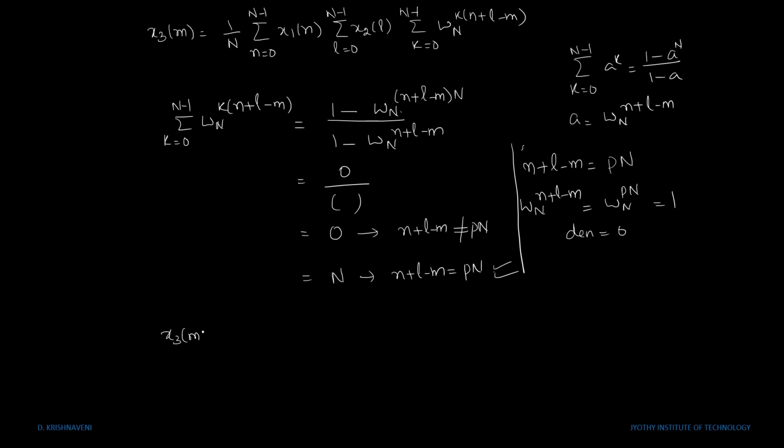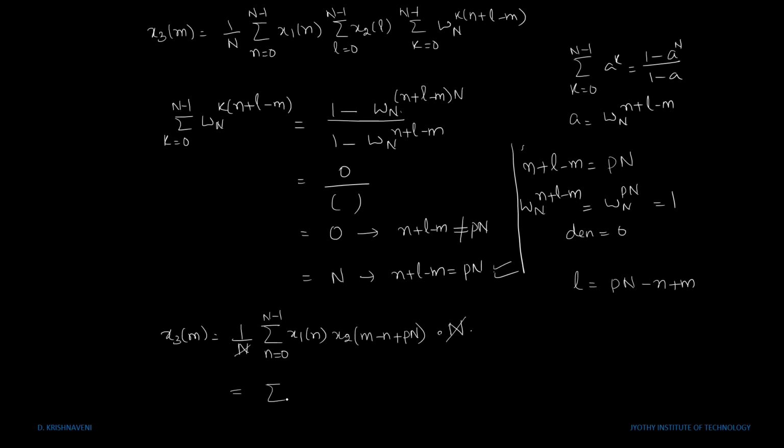So x3 of m will be equal to 1 by N summation n equal to 0 to N minus 1 x1 of n, x2 of, we will write L. When I say n plus L minus M is equal to PN, L is equal to PN minus n plus M. So I'll substitute that, M minus n plus PN, and this summation of W_N to the power of k times (n plus L minus M), I'll replace it with N. So this N and this N cancel.